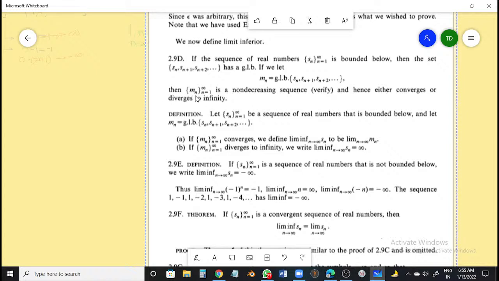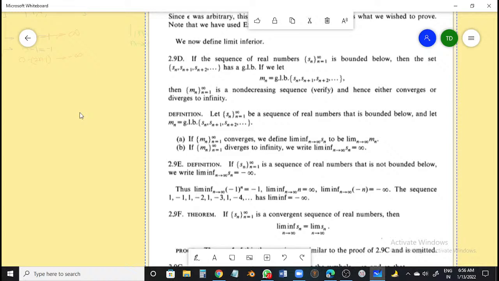If the sequence of mn is non-decreasing sequence, it will go on increasing, and hence either it converges or diverges to infinity. The things are quite dual things.